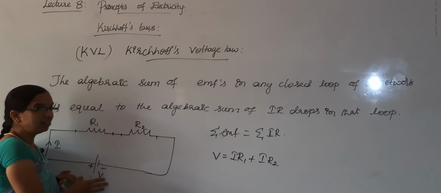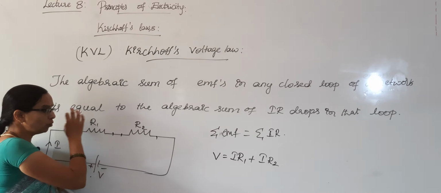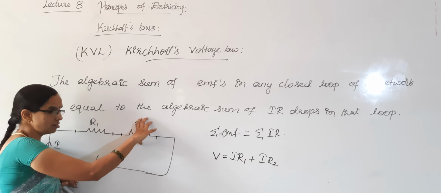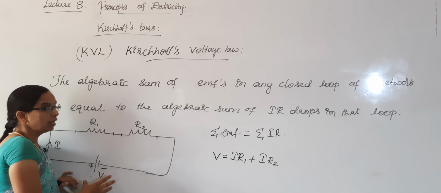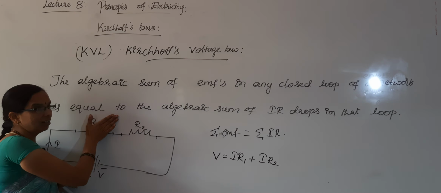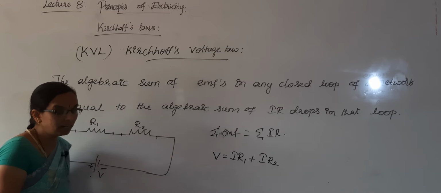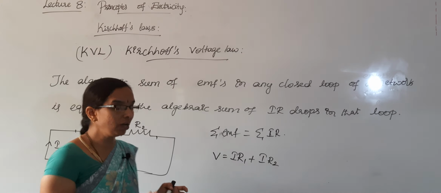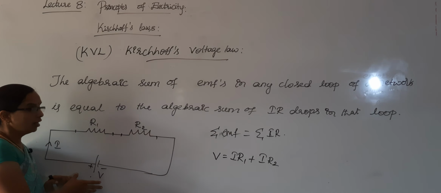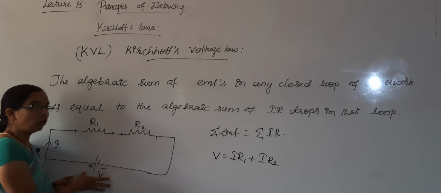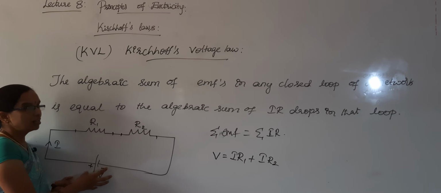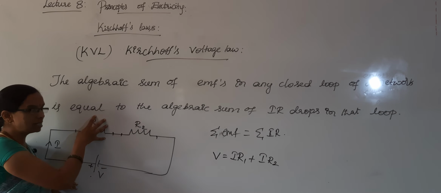It will provide the energy to the charges to flow through this resistance as well as this resistance. That means this law tells us the law of conservation of energy. Energy will not be created, it can be transferred from one form to another.